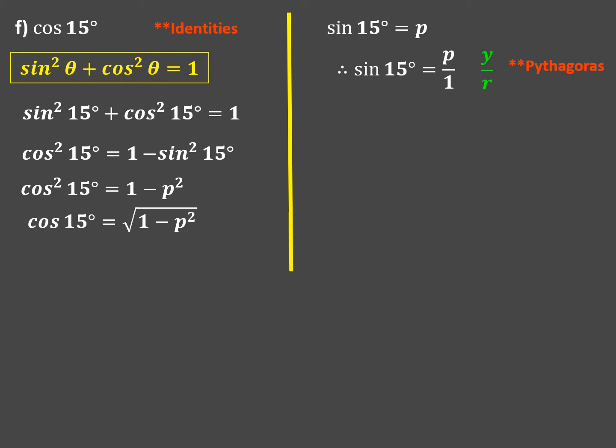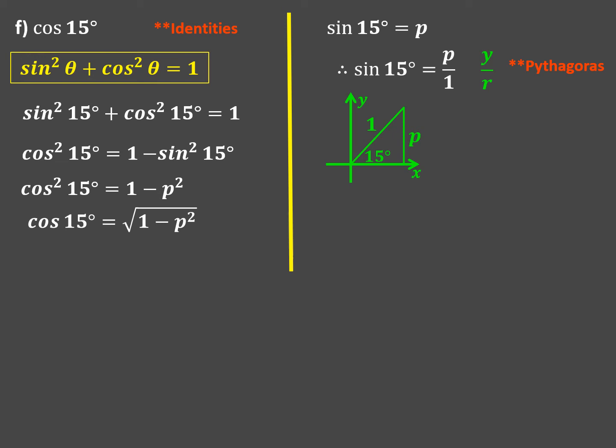And I can create a little Pythagoras question with it. So 15 degrees is an angle in the first quadrant. I know that my p value goes in place of y, and my r value is 1. And we can then use Pythagoras to calculate the x value.